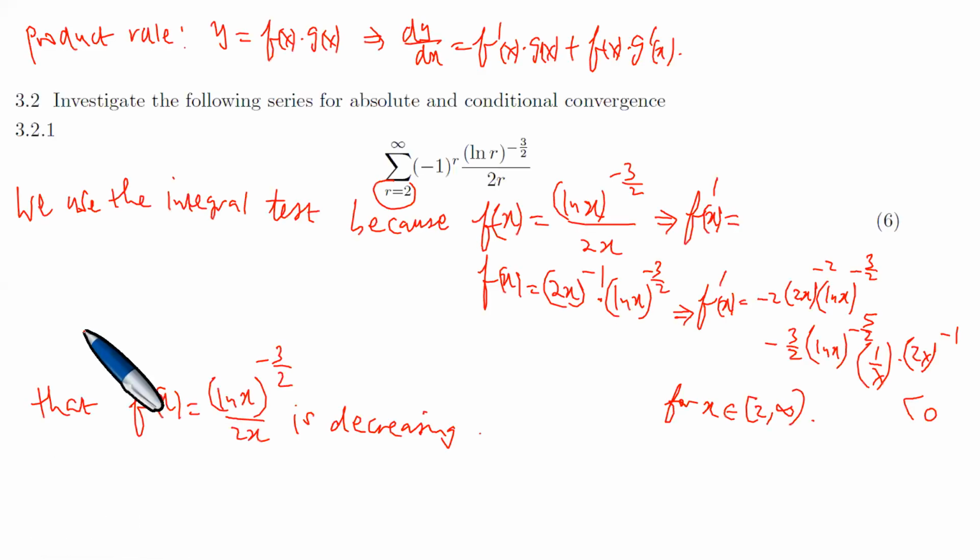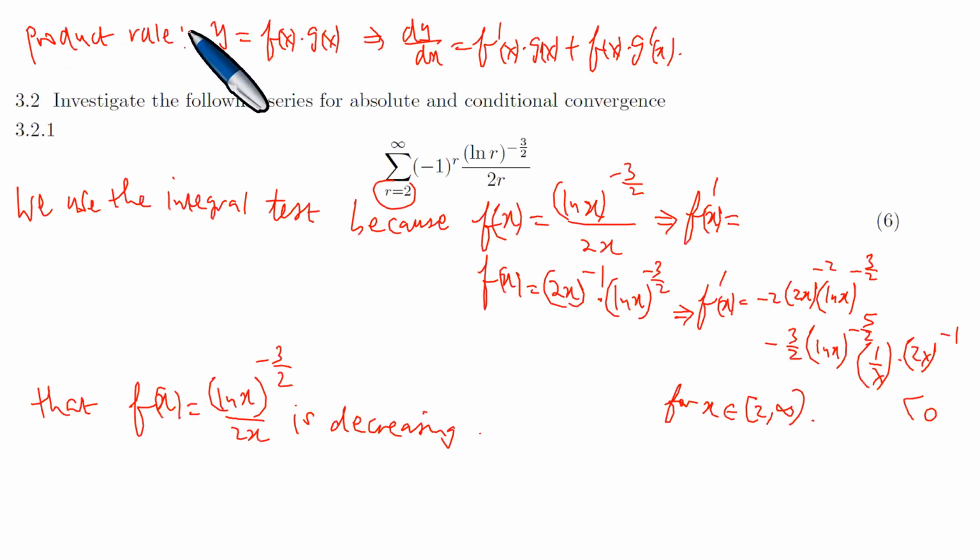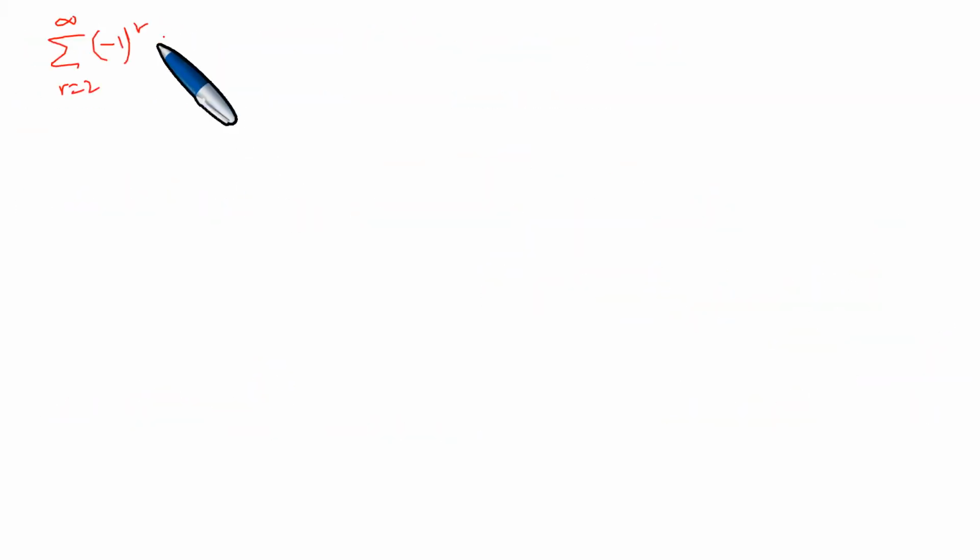So we have, therefore, at this point, we take this series as it is from 2 to infinity: ln r to the minus 3 over 2, divided by 2r.